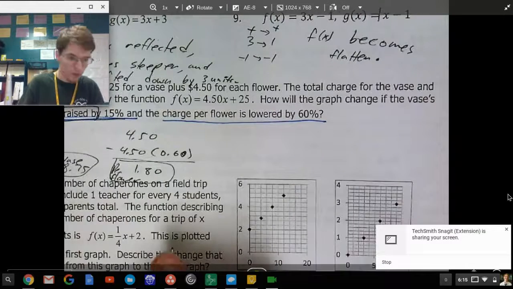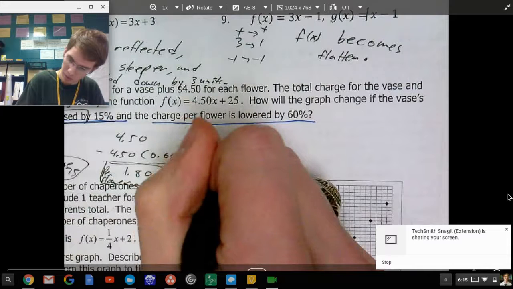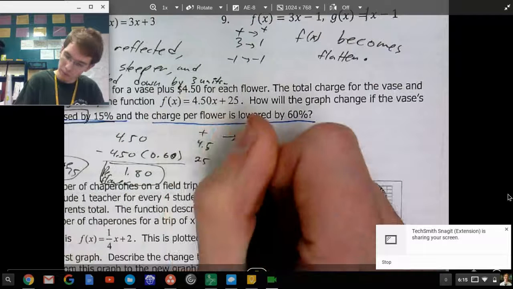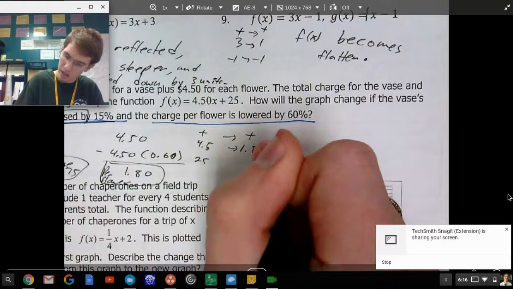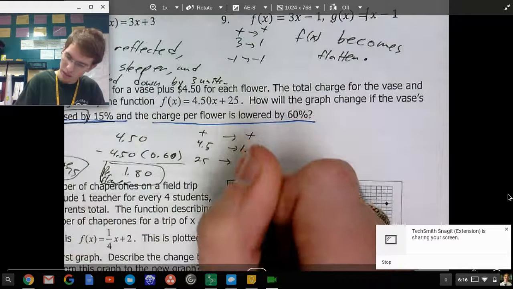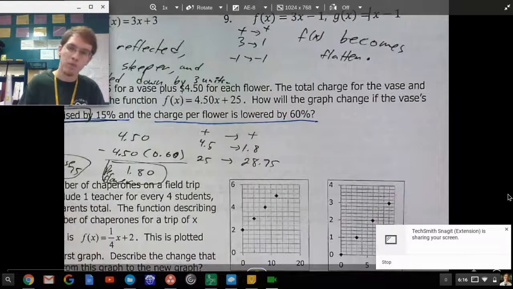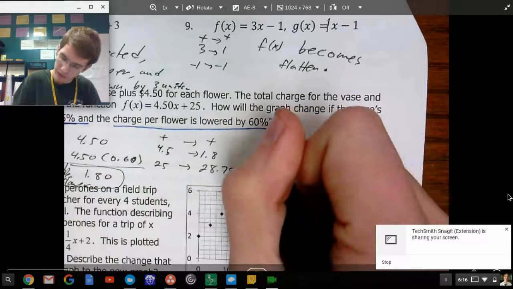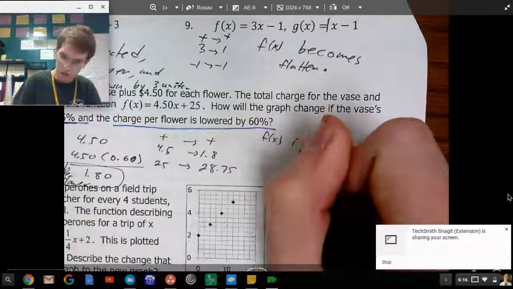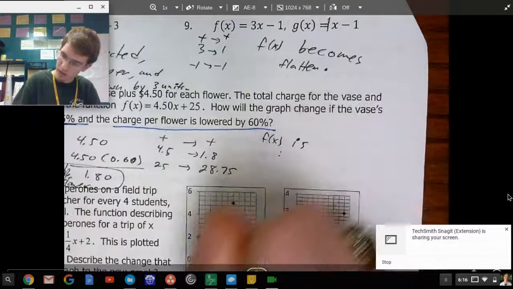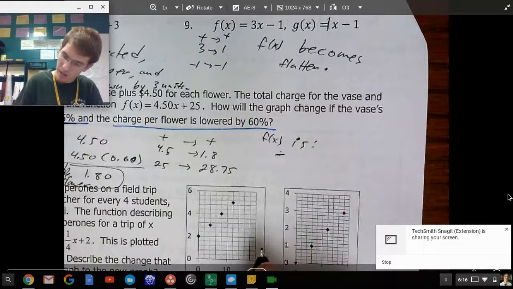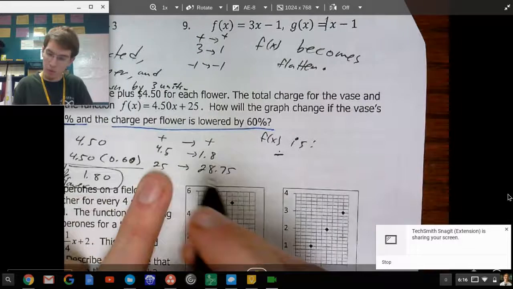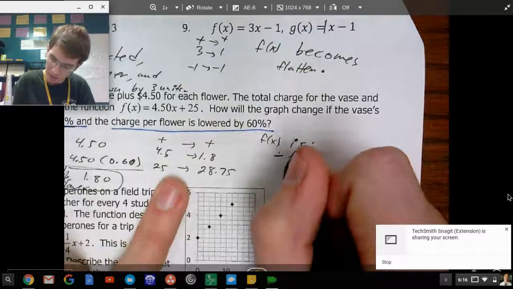So our new equation is we went from a positive 4.5 and a 25 for our y-intercept. We went from that to a positive 1.80 and a vase cost of $28.75. So I would say f of x is, let's just lay this out here, first, positive doesn't change, so it's not reflected. 4.5 to 1.8, that's going to make it flatter.